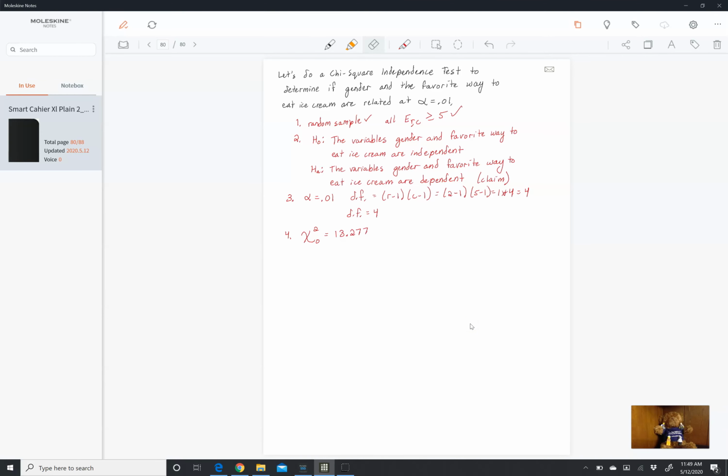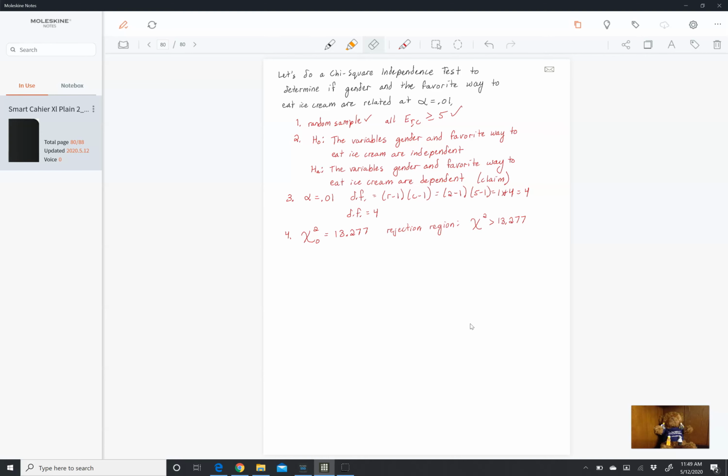And then our rejection region is always the same like it was in the goodness of fit test. It's always greater than. So chi-squared would be greater than 13.277.